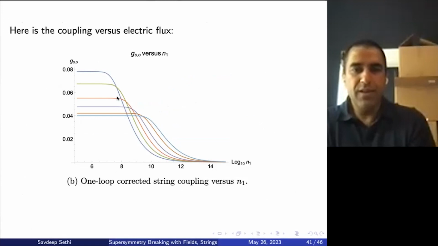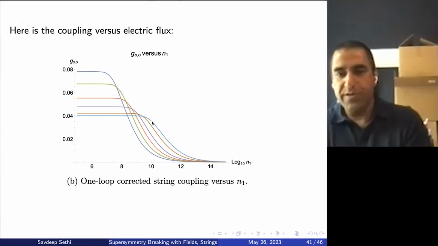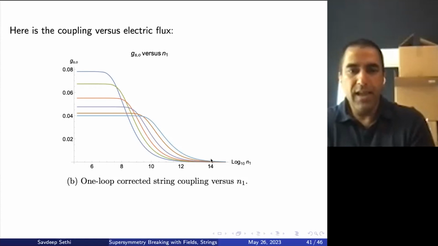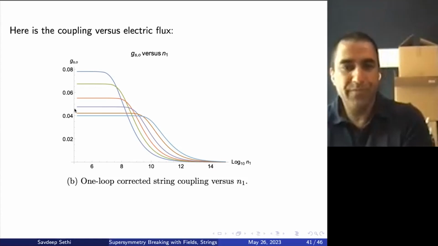And lastly, the string coupling itself, well, this is the most interesting part. The string coupling itself approaches the tree level value for very large N1. And as it gets smaller, the tree level value would have diverged as N1 goes to 0. But because of the potential, it cuts off and approaches a finite value as N1 goes to 0.